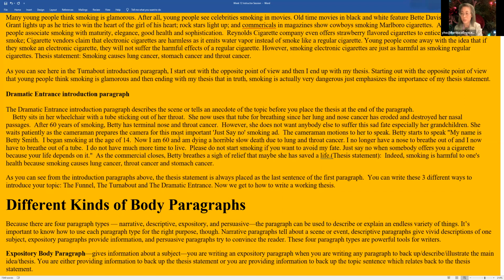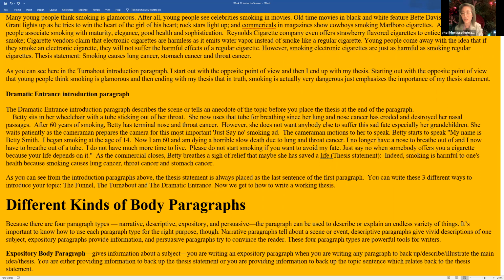Betty starts to speak. My name is Betty Smith. I began smoking at the age of 14. Now I am 60 and I'm dying a horrible slow death due to lung and throat cancer. I no longer have a nose to breathe out of, and I now have to breathe through a tube. I do not have much more time to live. Please do not start smoking if you want to avoid my fate.